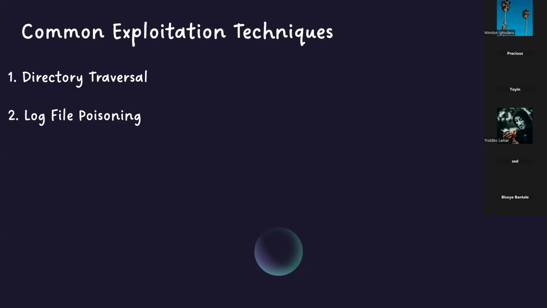And old websites use log files. For example, when you have a feedback field where they ask you, give us your feedback on this website, what do you think about this website? Most times, on old websites, they would log the feedback in a file, and the admin could go back, read that file and see, oh, this is what this person said. But because of log file poisoning, which was big back in the day, they stopped doing that.